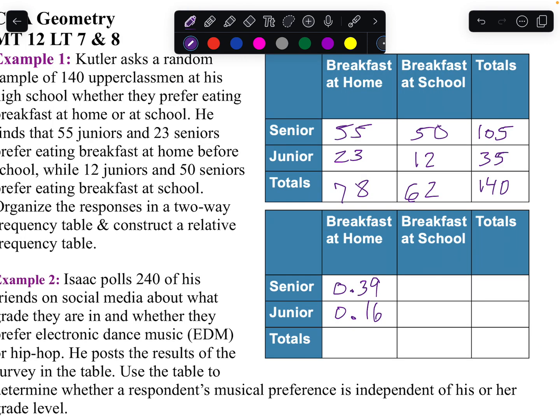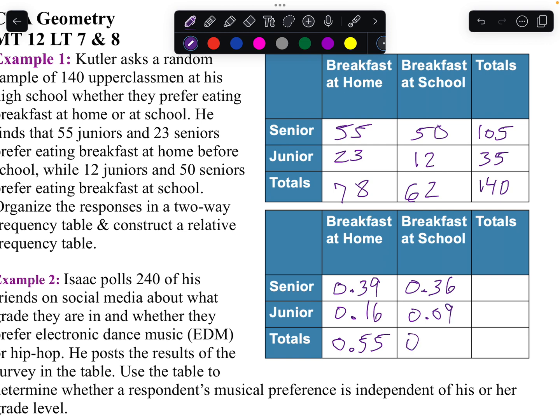If I add them together, I should get 0.55. And notice if I take 78 divided by 140, I should get the same answer. I guess it's 0.56 if I round. Then we'll take 50 divided by 140, and we get 0.36. 12 divided by 140, and we get 0.09.